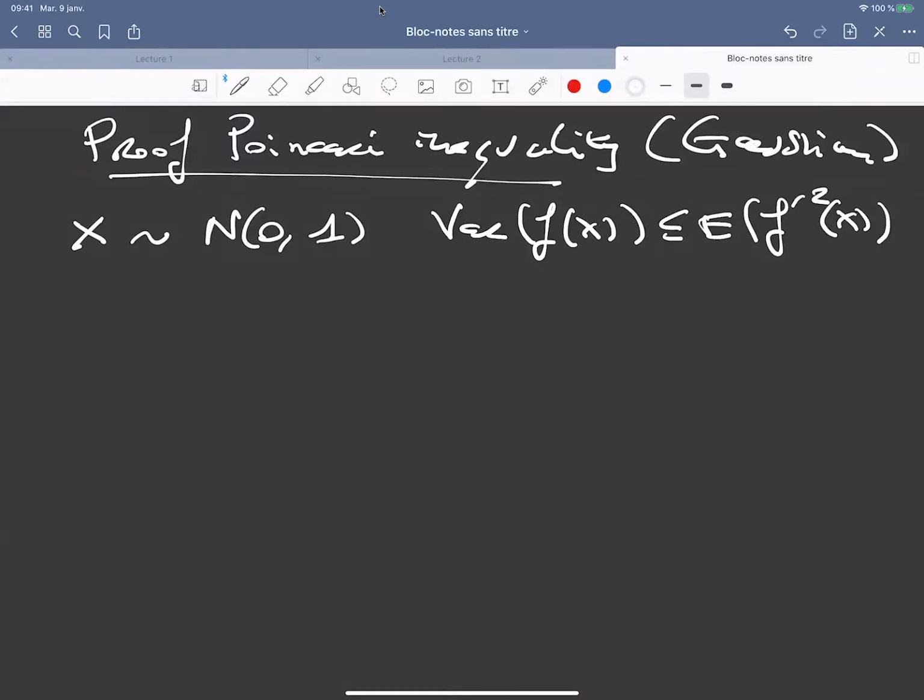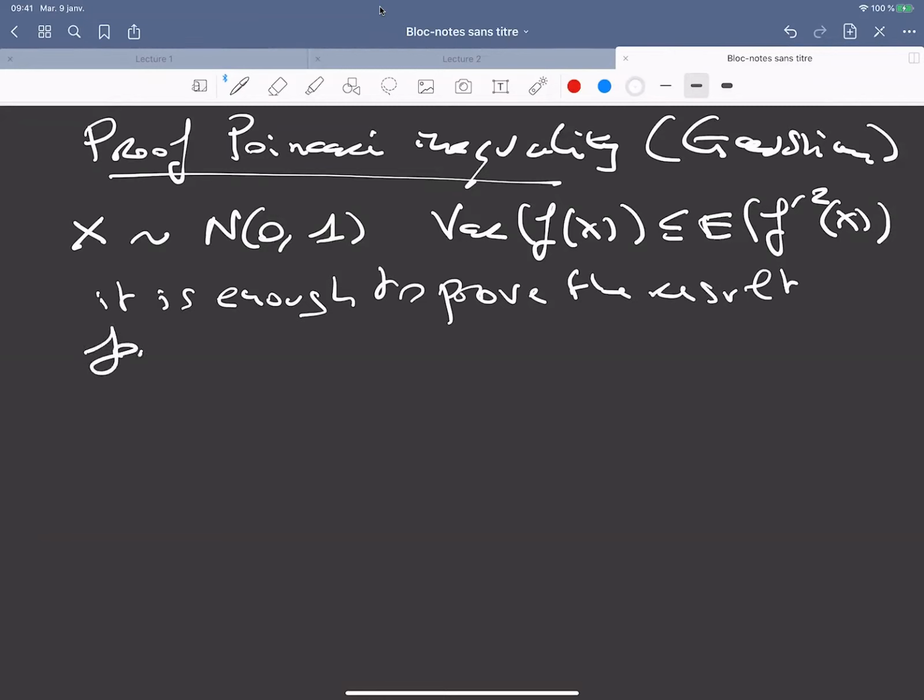So first, you again use an approximation argument to say that it is enough to prove the result for all f which are infinitely differentiable but with compact support.